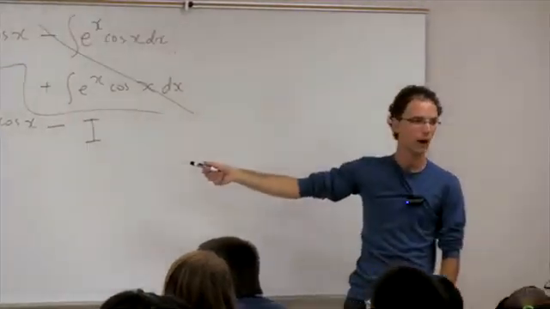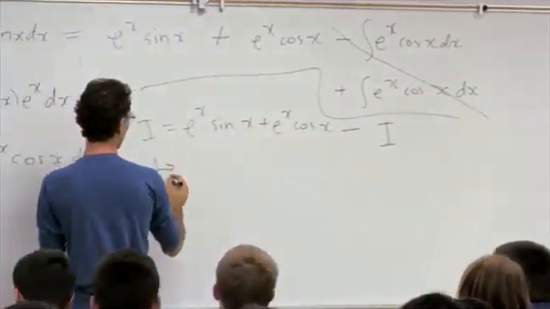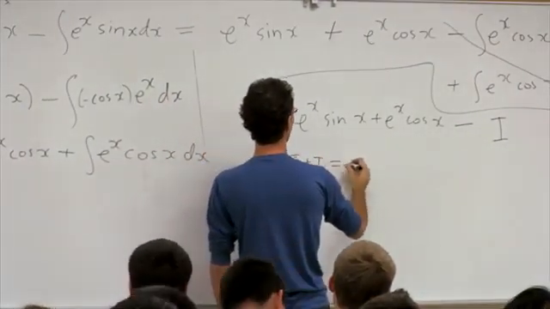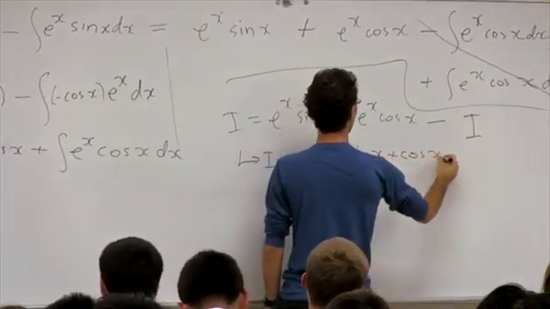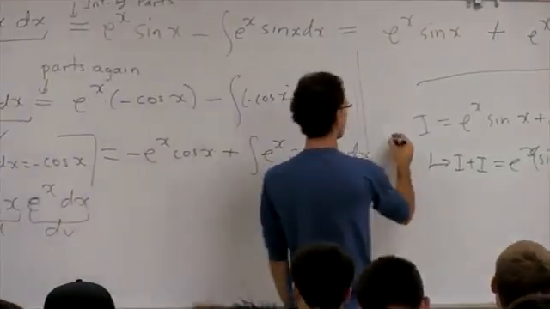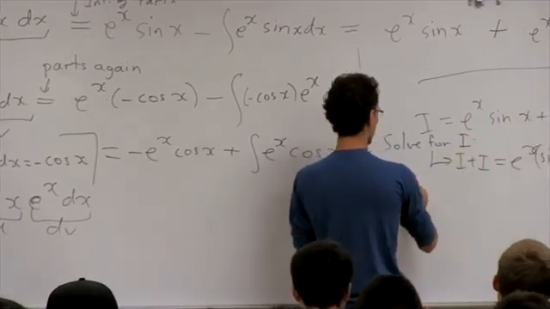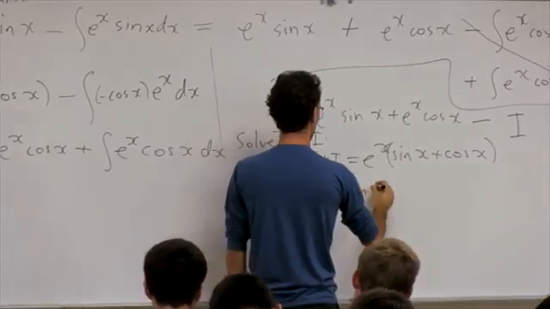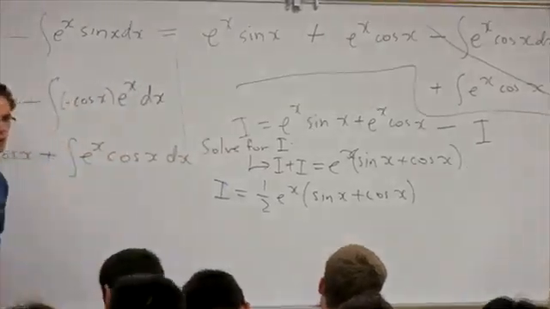And then we just solve this for I by adding I to both sides. So I plus I equals e to the x, and I'll put this in parentheses, sine x plus cosine x. Just solve for I. And here's the result. I is 1/2 e to the x times sine x plus cosine x. And that's the final answer.